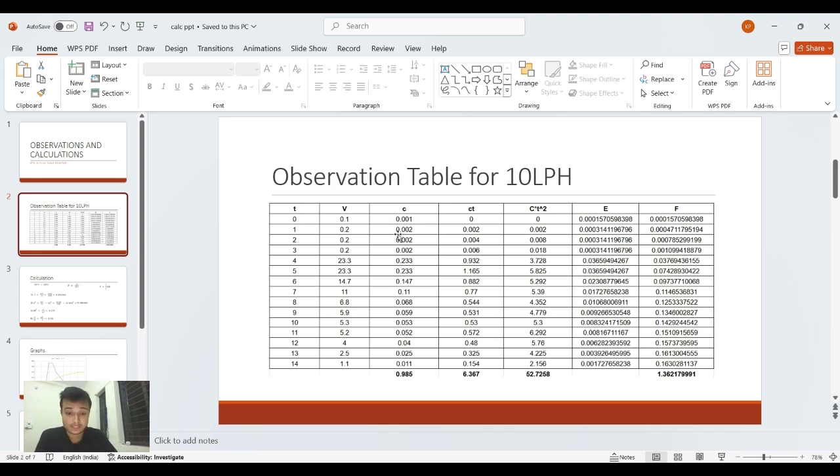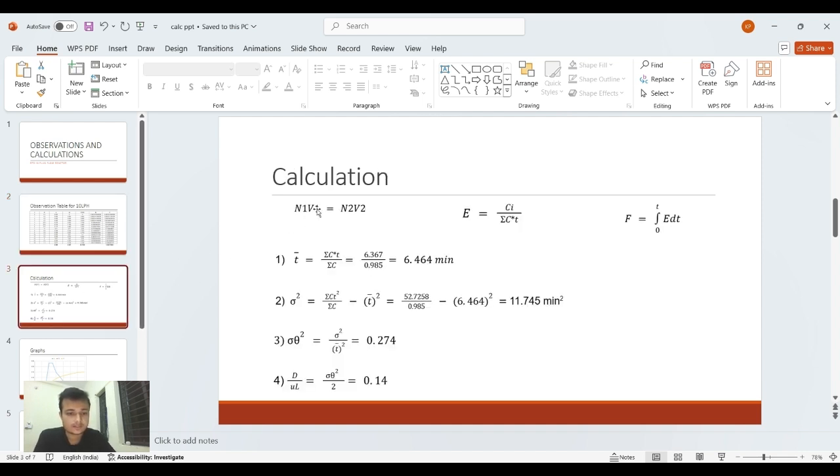So for the calculation of C, how can we get the C? Here is the calculation. We will use this formula N1V1 equals N2V2. This N1V1 represents equivalent of NaOH and N2V2 for glacial acetic acid. Our main motto is to find N2 from here, and N1 will be fixed, that is normality of NaOH, and V1 will be changing.